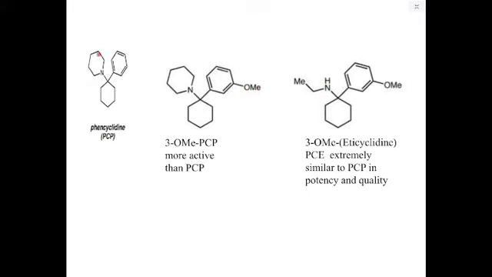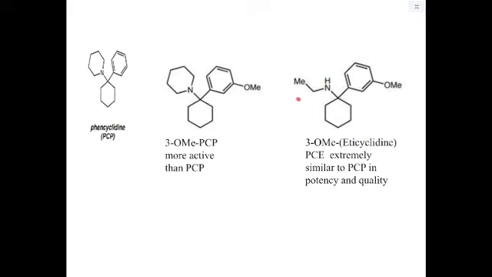Also, you can have an opening of the piperidine ring, where you have an aliphatic group. You can see this just opening, NH, then you have the CH2, CH3. You get rid of some of the portions. So it's an opening of the piperidine ring, of course, with a decrease in the size of the aliphatic chain, and you get 3-methoxy eticyclidine, or PCE, extremely similar to PCP in potency and in quality.